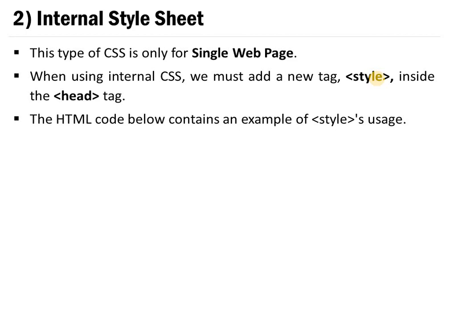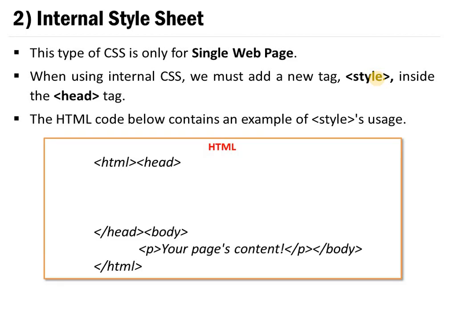Now, the HTML code below contains an example of how to use an internal style sheet. This code is your HTML file, and in the head section you are using a style tag, like this. This is your HTML, that is your root tag. Now in head you are using the style tag. Now look at this.